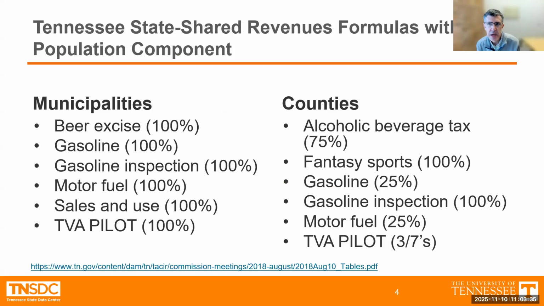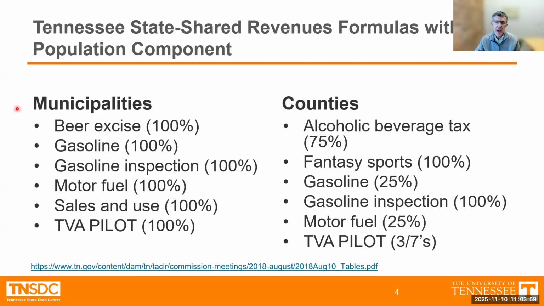As far as how that information relates to the state shared revenues, when revenues are shared with communities, there is often a formula for doing that. And the population that's inside the certified population report is the basis for sharing those revenues. I've got this slide split up into municipalities and counties, municipalities on the left side, counties on the right.